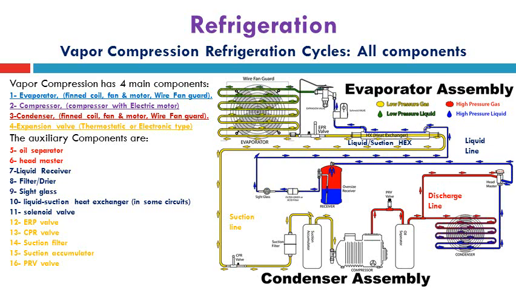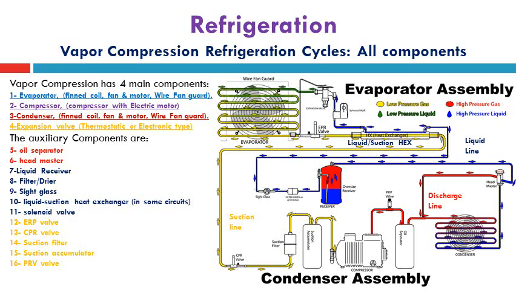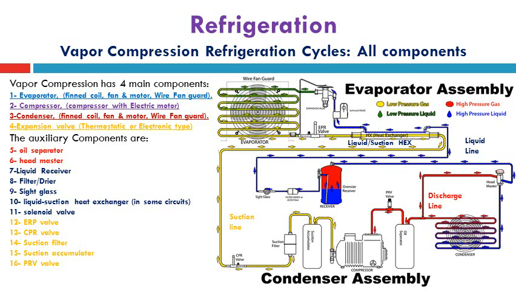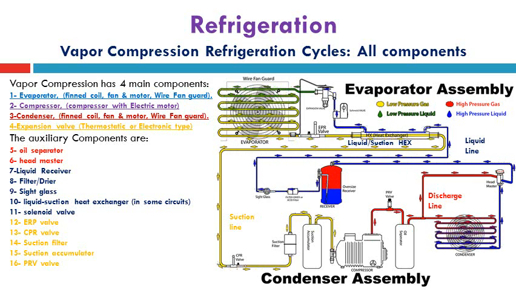This slide presents all the components, consisting of the main components and the special components which may be required to complete the vapor compression function. The main components listed here from number 1 to number 4, evaporator, compressor, condenser, and expansion valve, have been discussed in previous slides.